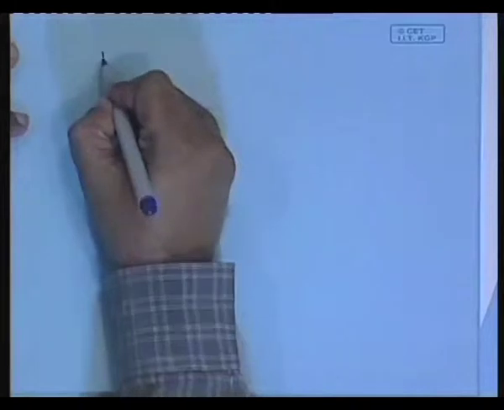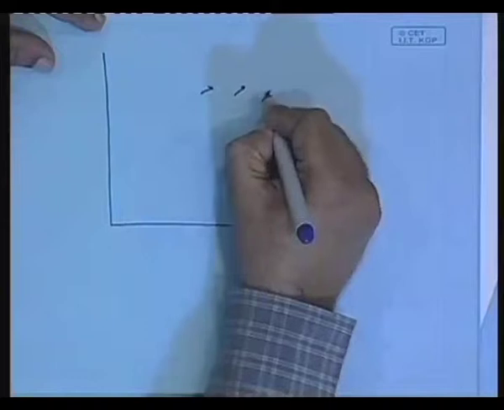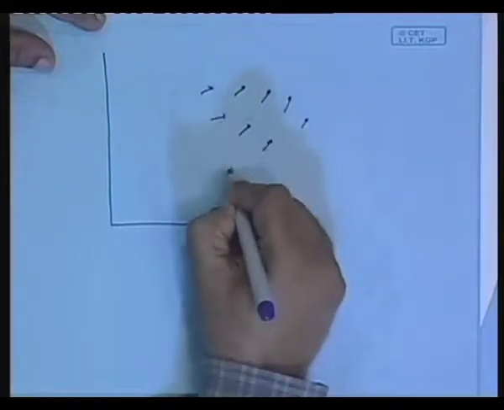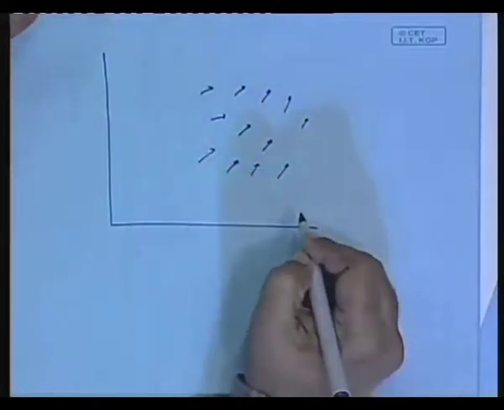Clear? So essentially, the state space is completely defined in terms of the differential equations when you have defined the arrows at every point. Clear?